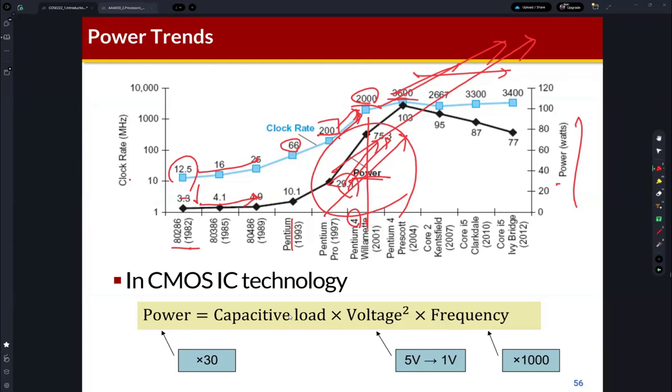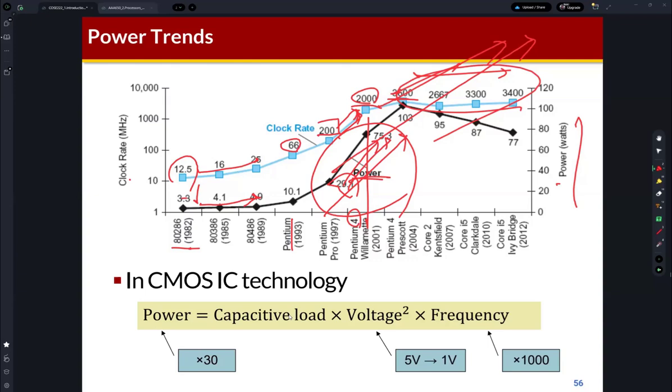So that's why we cannot use higher clock frequency in a CPU design, right? Until maybe 1 or 2 years ago, the clock frequency of Intel CPUs was around 3 or 4 gigahertz, very similar to this level.